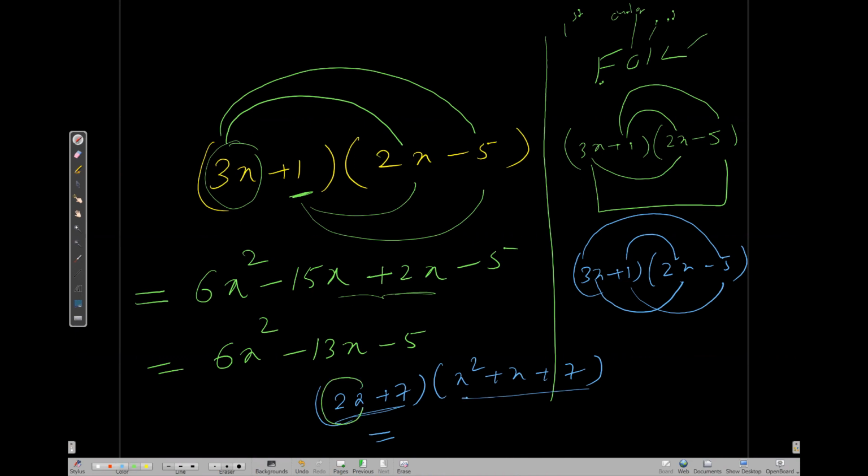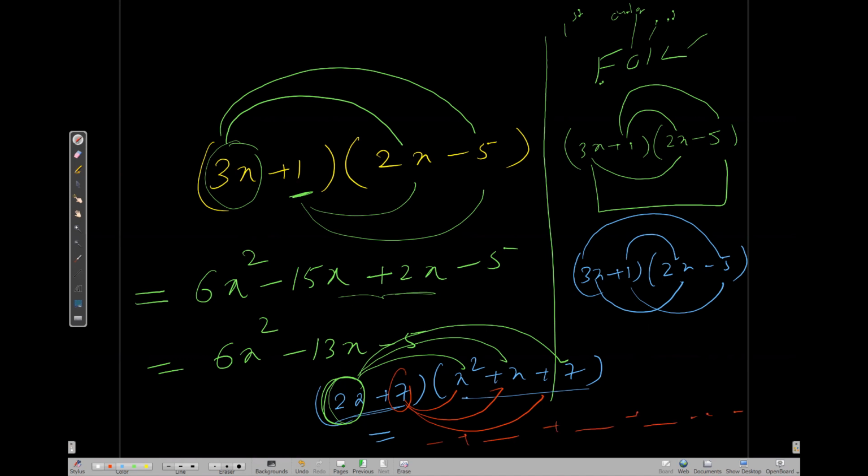The way I am doing it, take this guy and deal with it, 1, 2, 3, and then take this guy, 1, 2, 3, so 6. So you have one term plus something plus something, 1, 2, 3, 4, 5, 6, and then you have to combine like terms and add them. That's how you multiply polynomials.